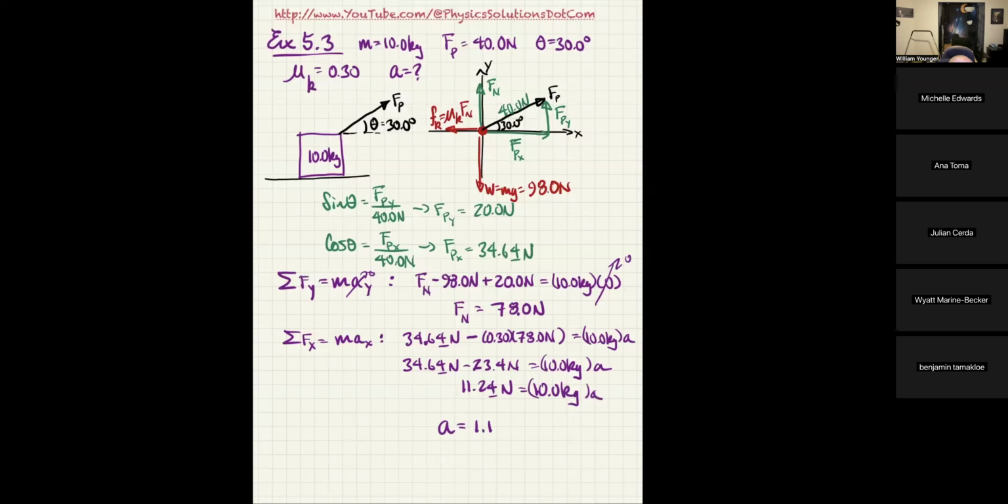That's 1.124 meters per second every second. That's the acceleration. And obviously, that's an extra digit that's not a sig fig, I should say. Anybody have any questions on that?